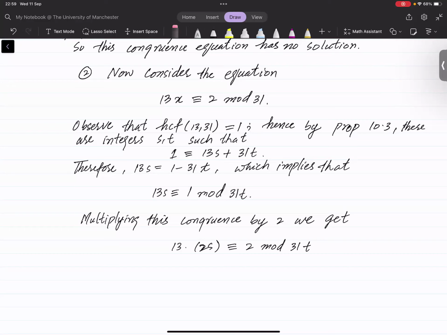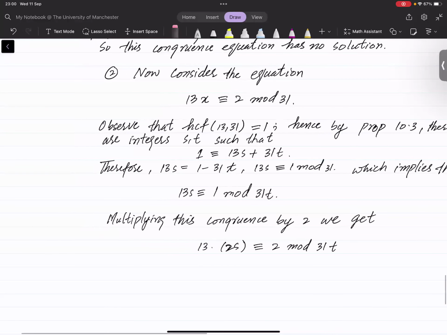Which implies that 13s is 1 mod 31. Okay, there should be some space. This is just vertical space.